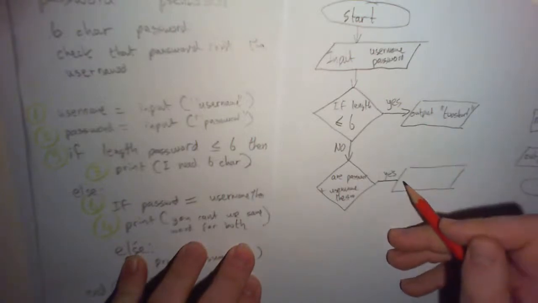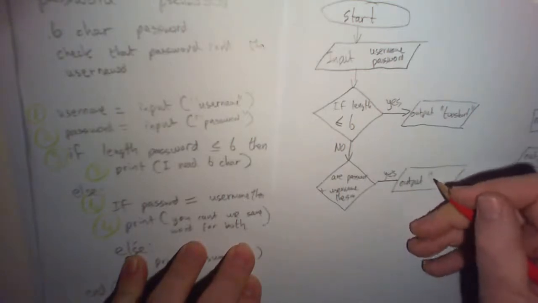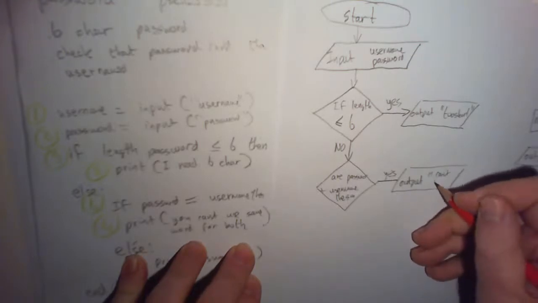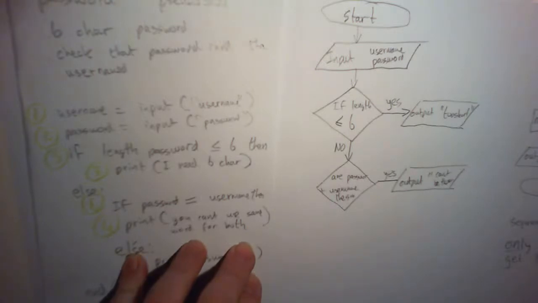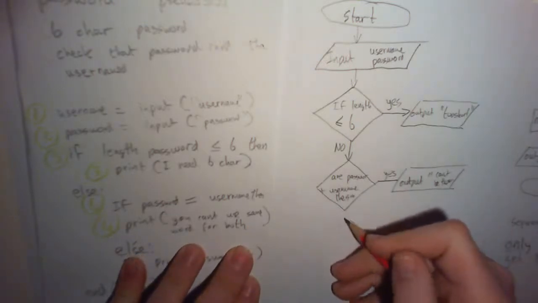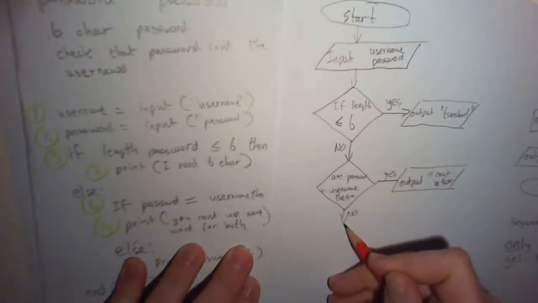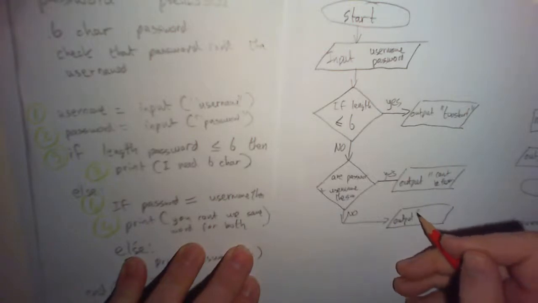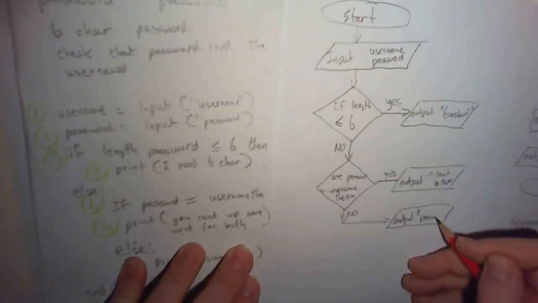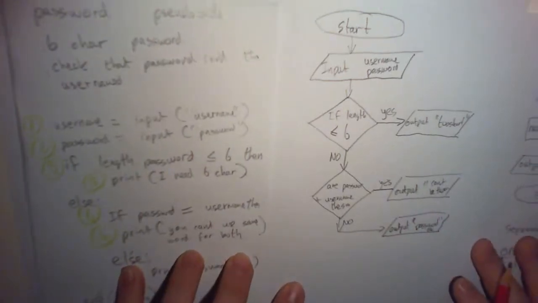We need an output just saying can't be the same. Okay, and if it's a no, well, we have another output, but this output says password. Okay.